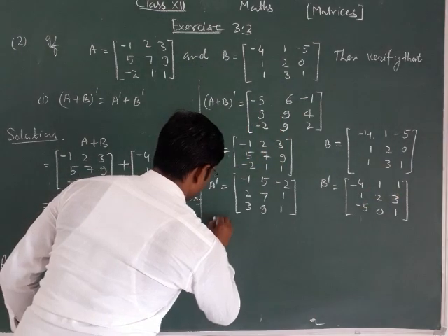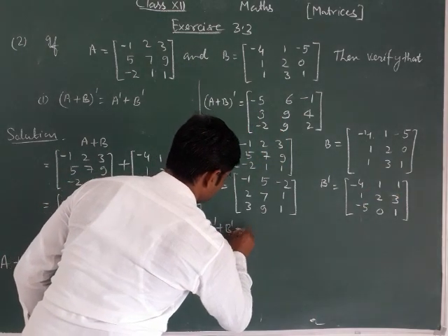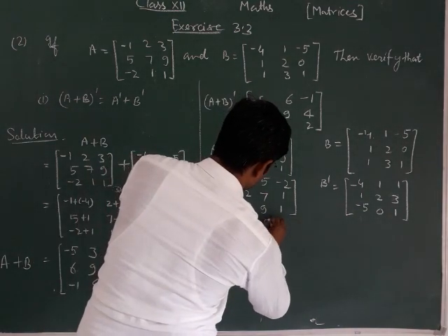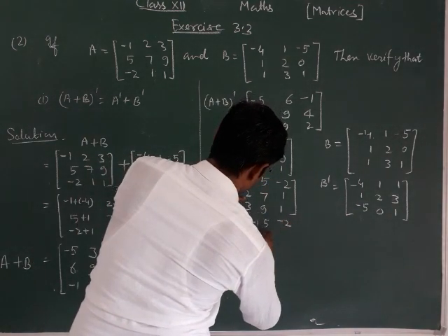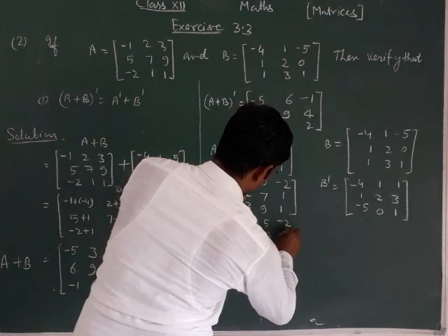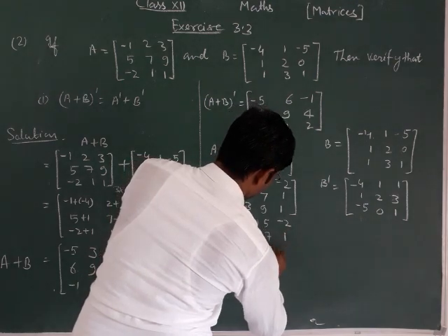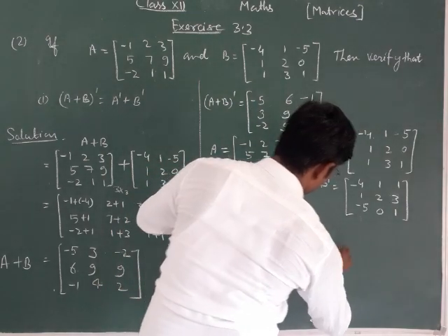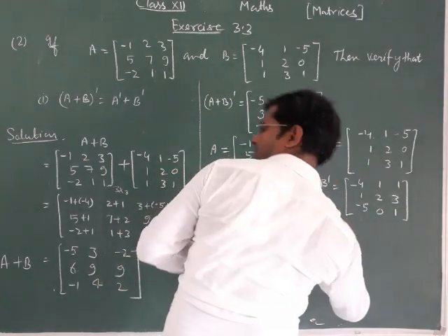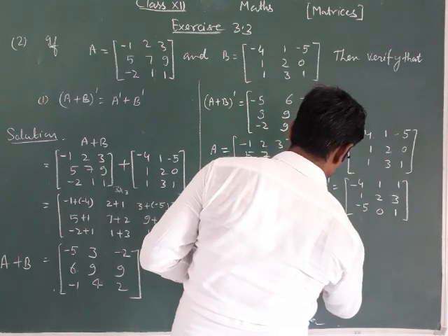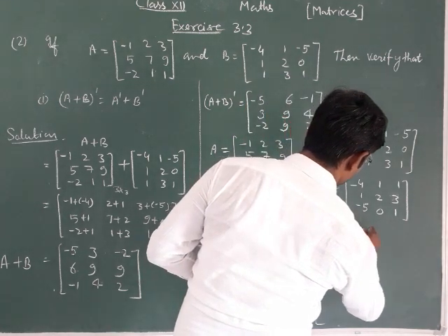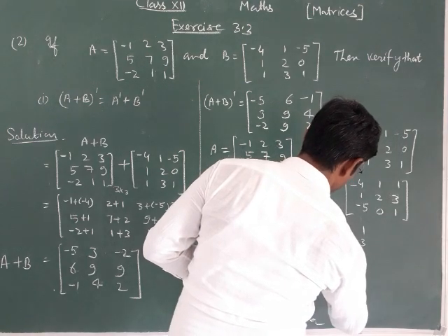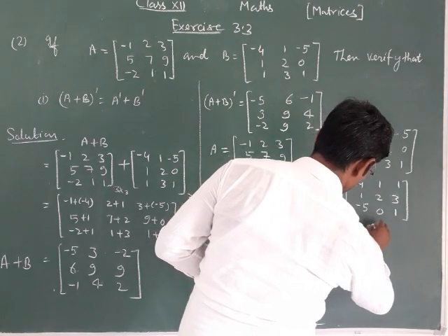So A dash plus B dash is equal to, so now minus 1, 5, minus 2, 2, 7, 1, 3, 9, 1, and also plus B dash for matrix minus 4, 1, 1, 1, 2, 3, minus 5, 0, 1.